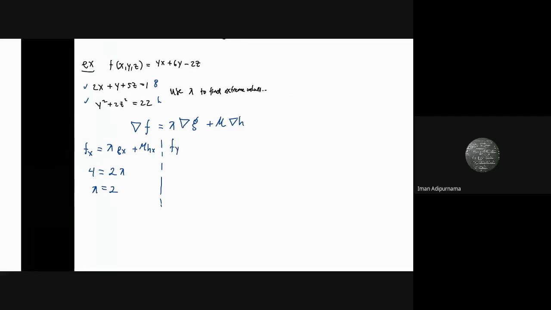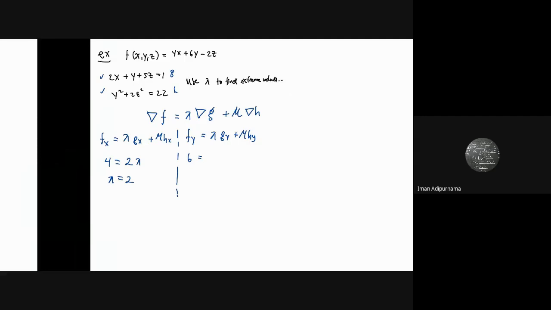And partial y: 6 equals lambda plus 2y mu.